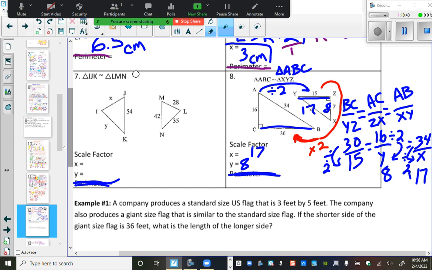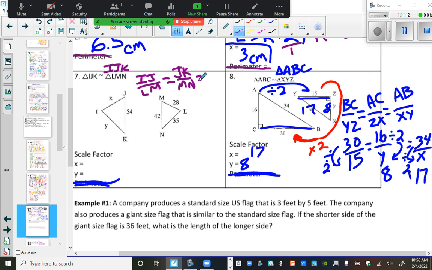As you know, I, J, K. So we're gonna go IJ over LM equals JK over MN, and then KI over L. So what we're gonna do, we're just gonna set this up. We get this from here, right, ladies and gentlemen? We agree? Zoe, Valerie, we agree?